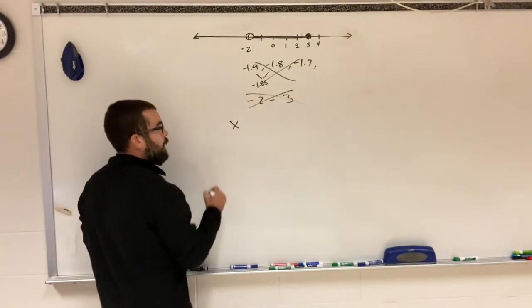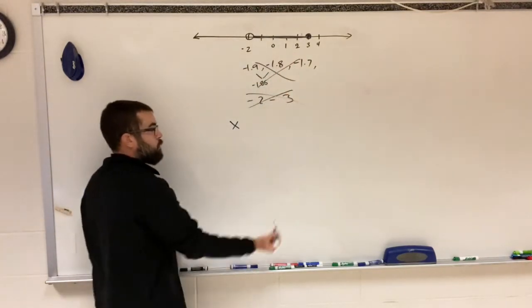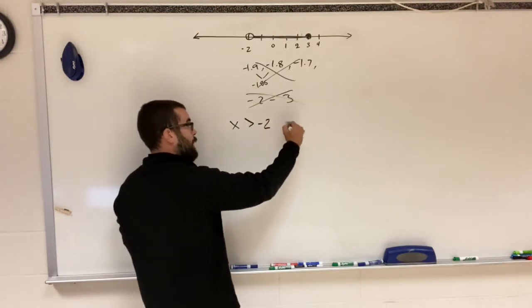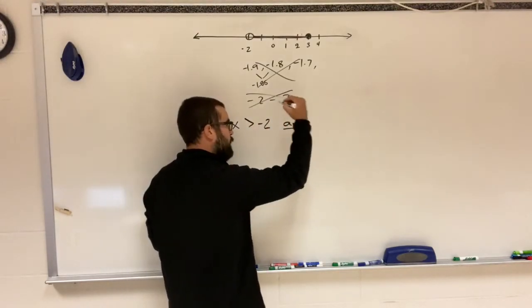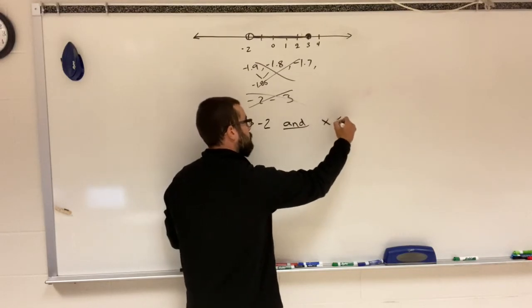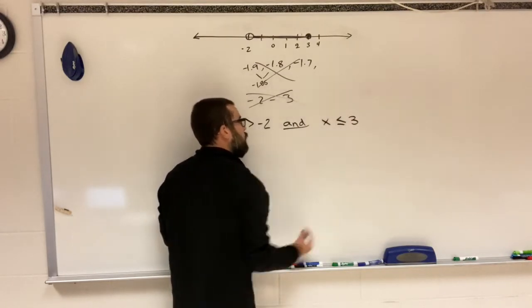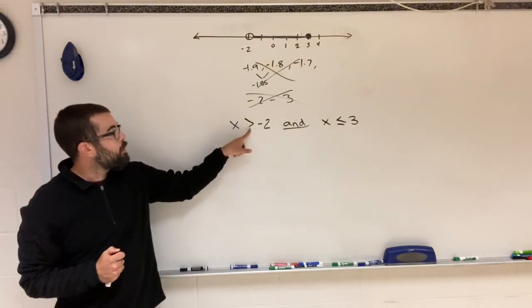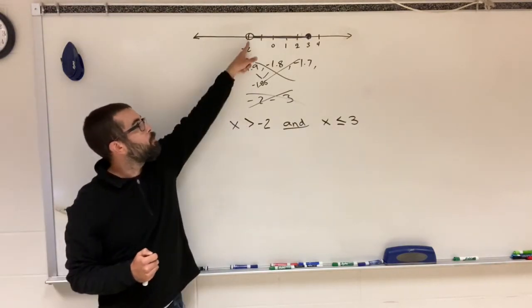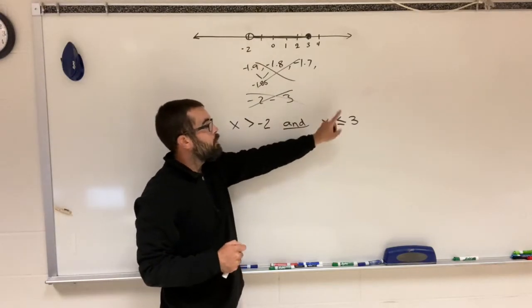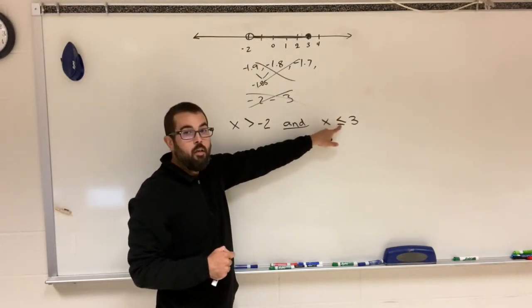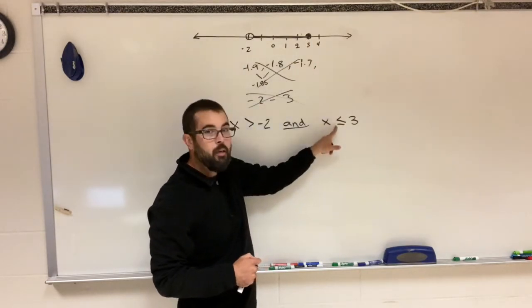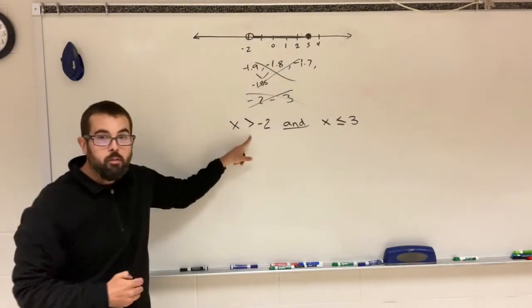Our value, x, that lies in the shaded region, is greater than -2, and at the same time, x has to be less than or equal to 3. So once again, strictly greater than -2 because of the open dot, less than or equal to 3 because of the closed dot. The closed dot tells us that equal to part. Open dot, no equal to.